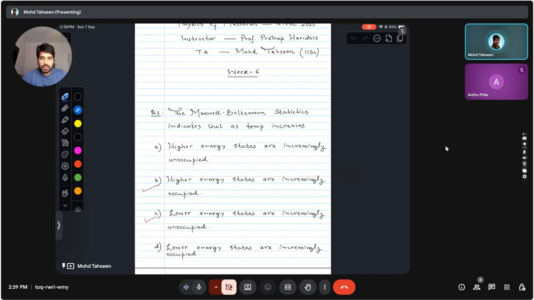So in order to correct these shortcomings of this model, we introduced a new model which is called the Drude-Sommerfeld model. And the difference between the two models is that this new Drude-Sommerfeld model treats the electrons as quantum mechanical particles as compared to the classical particles, which is done in the Drude model.